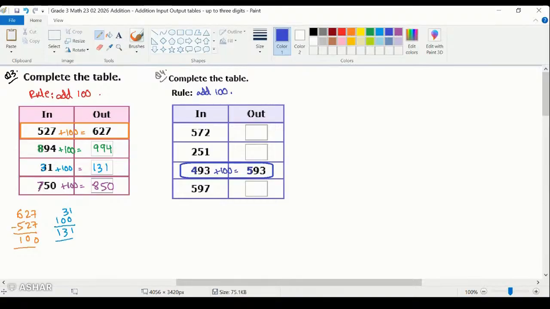If we would add 100 to each of these numbers, the 100th position is increased by 1. Plus 100, the 100th position increases by 1, 351. Yes, it is increasing by 1.